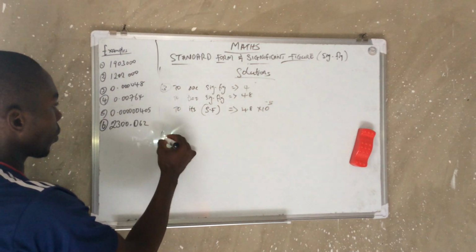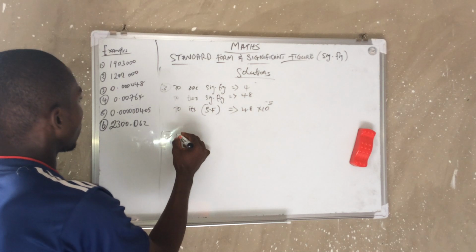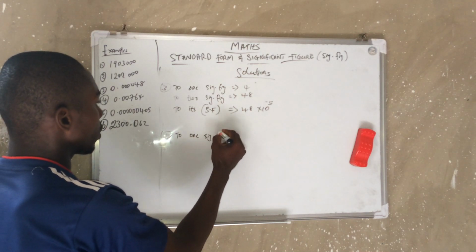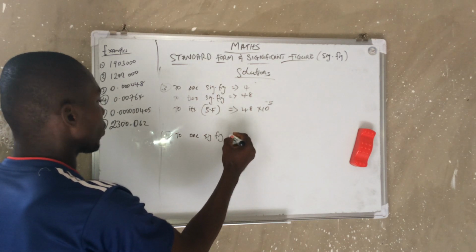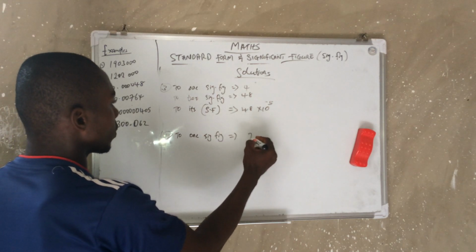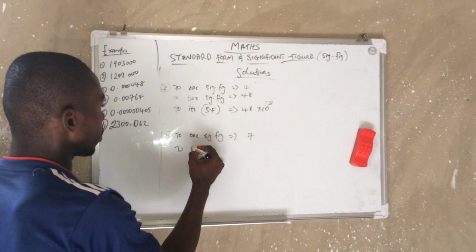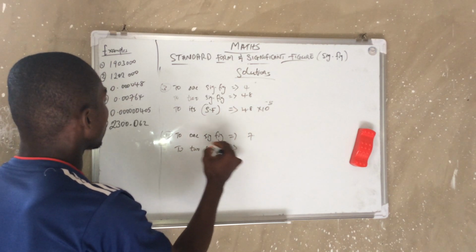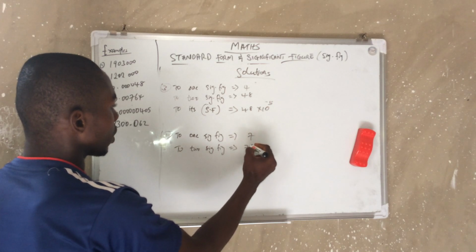So now the number 4 is, to 1 sig fig, you have what? 7. To 2 sig fig, you have what? 7, 6.